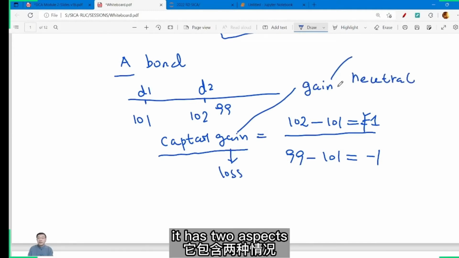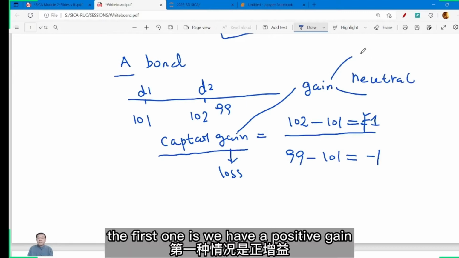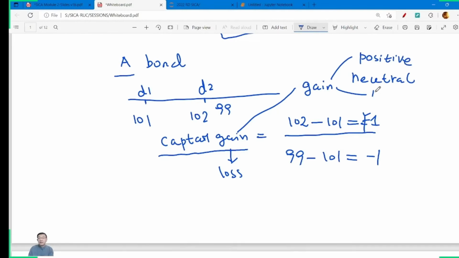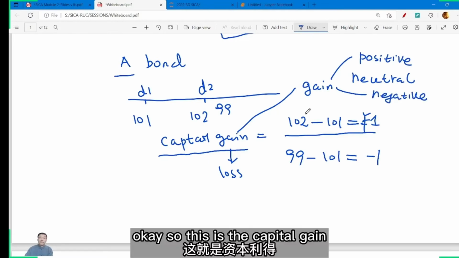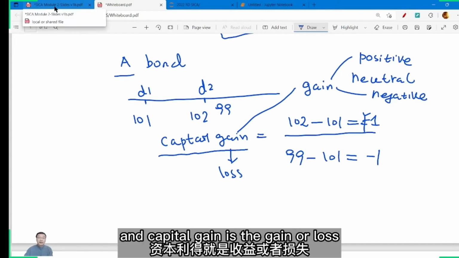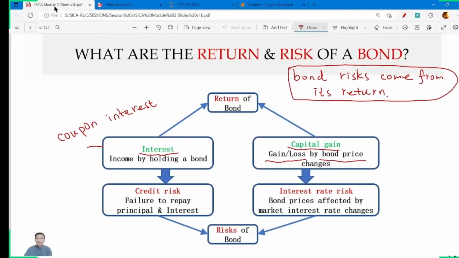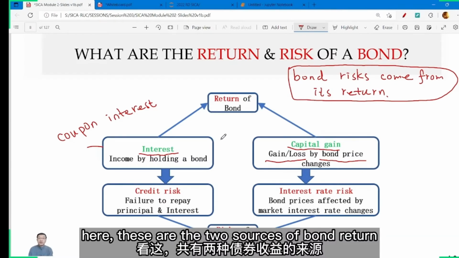It has two aspects: a positive gain and a negative gain. Capital gain is the gain or loss when we trade bonds in the market. These are the two sources of bond return.